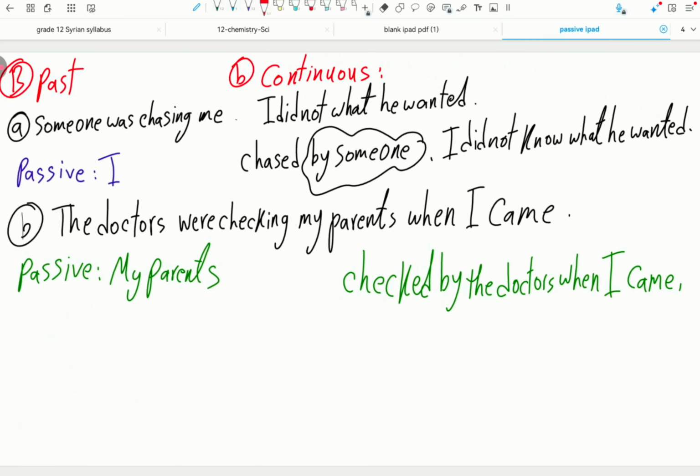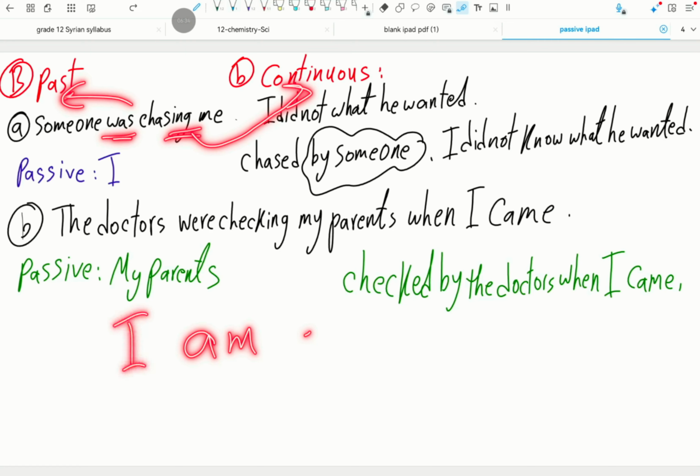Now, my friends, we have the past continuous, as you see. For the past continuous, we have someone was chasing. How do I know that this tense is past continuous? Because I have ing, it's continuous. Was, were, it is past. Because am, for example, I am running, is a present continuous.